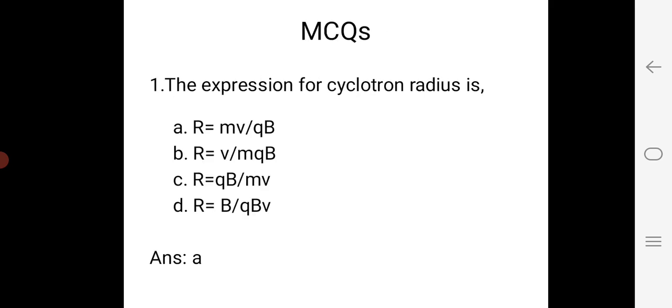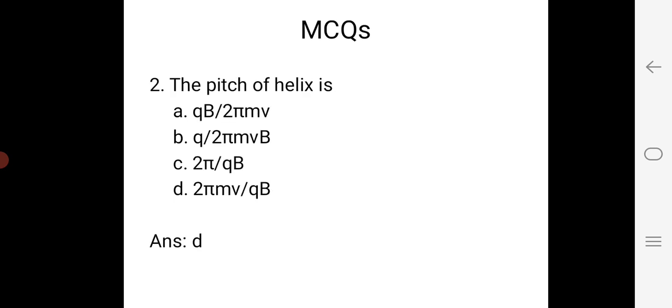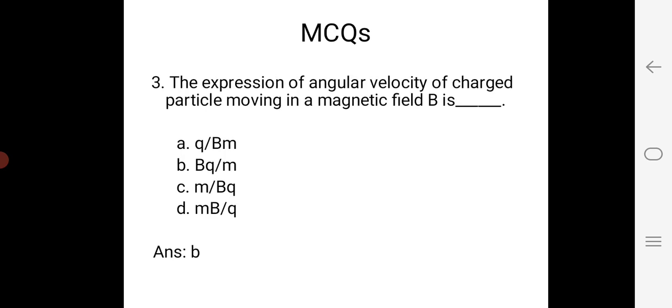The MCQs for the above syllabus are: the expression for cyclotron radius is r equal to mv by qB. The pitch of the helix is 2 pi m v by qB. The expression for angular velocity of a charged particle moving in a magnetic field B is Bq by m.